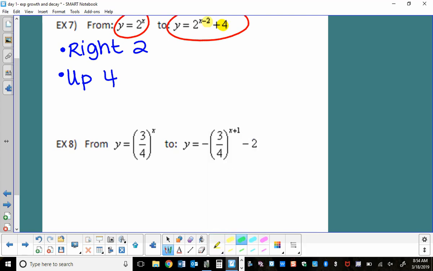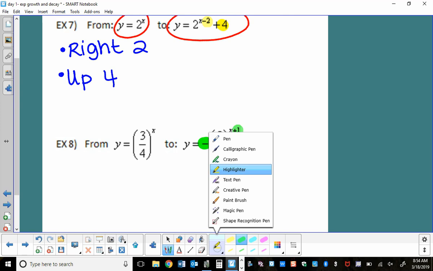All right, and number 8, we're going from 3/4 to the power of x to negative 3/4 to the power of x plus 1 minus 2. What parts are new in my second part? Plus 1, the minus 2, what else is new? There's one more thing.